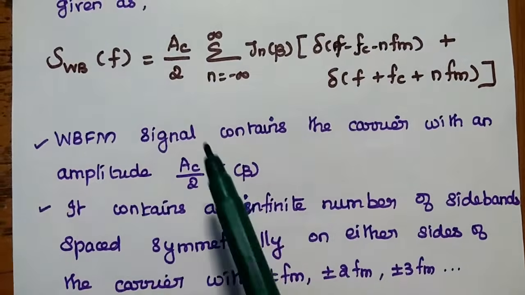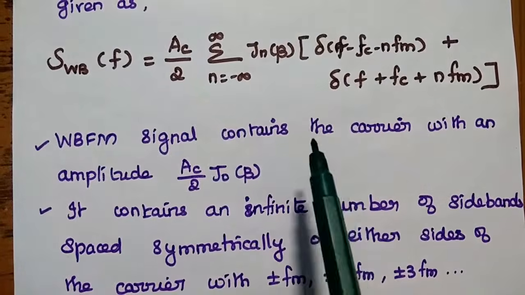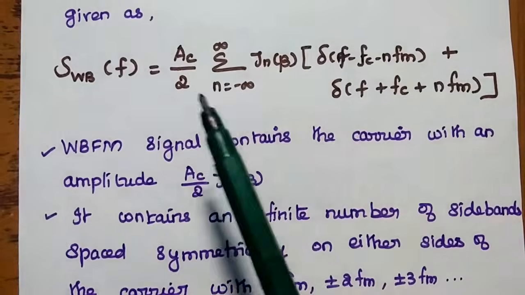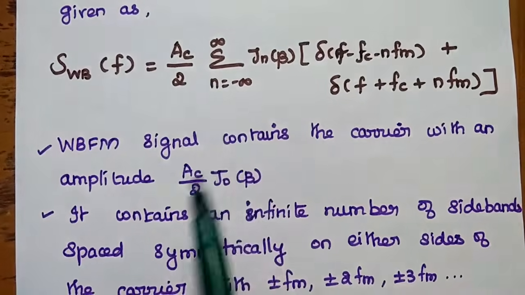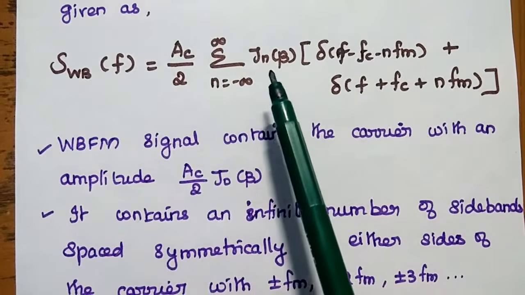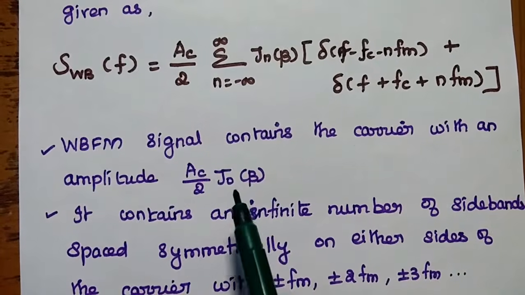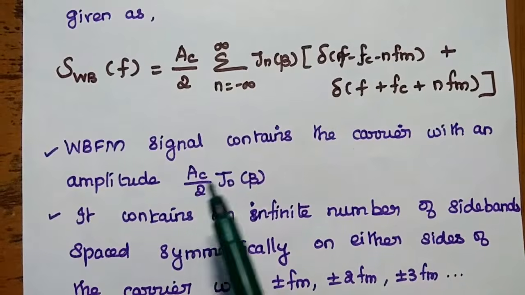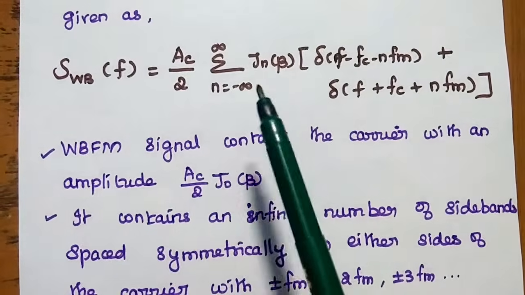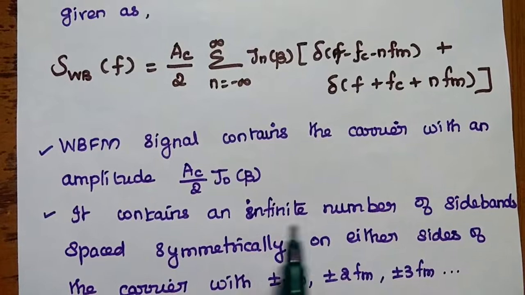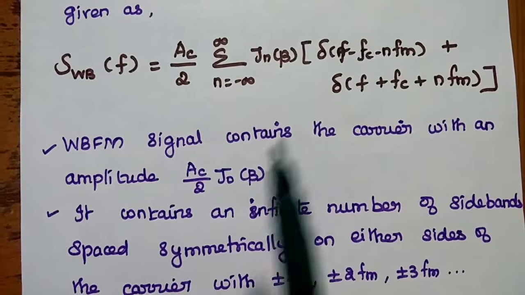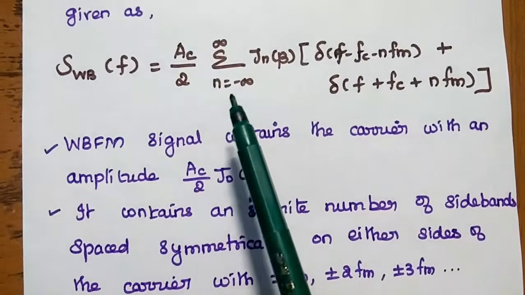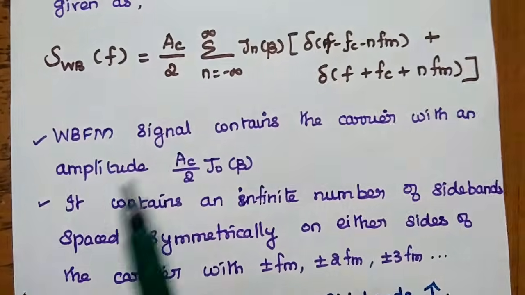Next, this WBFM signal contains the carrier with an amplitude AC, that is, the carrier amplitude divided by 2 into J naught of beta. J naught of beta is a constant term, that's why we can consider this as the carrier amplitude. And the wideband signal contains an infinite number of sidebands, upper sidebands and lower sidebands. N number means here it is nearly infinite.